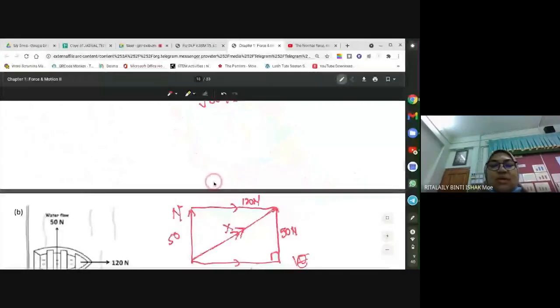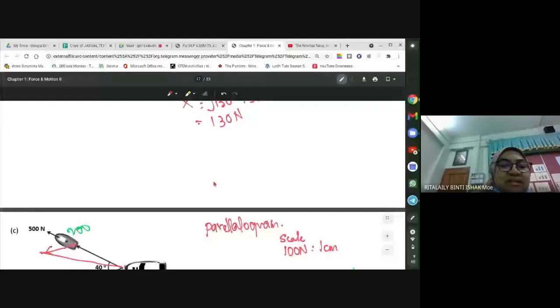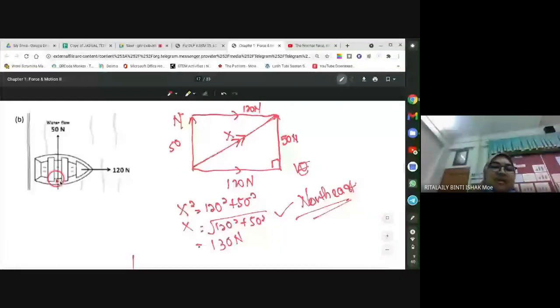But if the direction is like this, then we have to look at the direction, like looking at a compass. But usually, if this question comes out, they never ask for direction. They only ask the value of the resultant force.